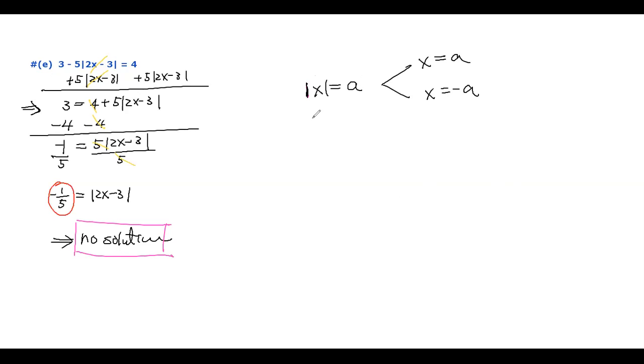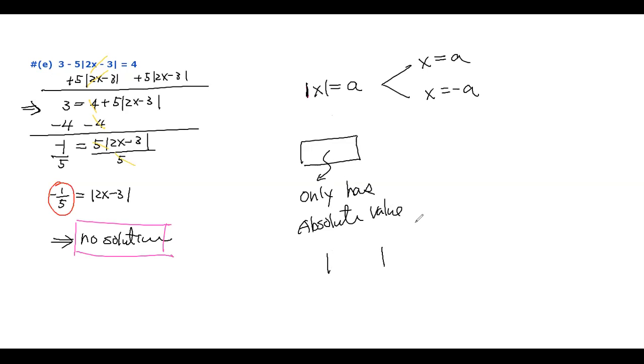The next skill you need to know is, if the equation is very complicated, you want one side, either the left-hand side or the right-hand side, to have only the absolute value, and the other side can have any type of function. Then you can break it.